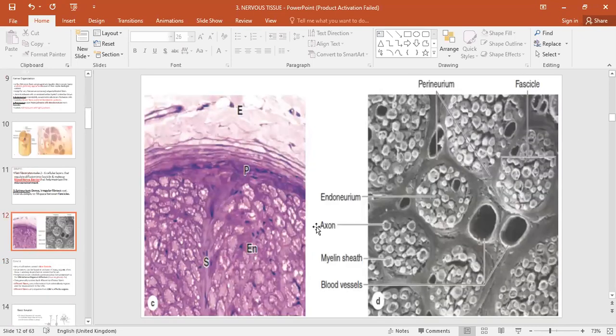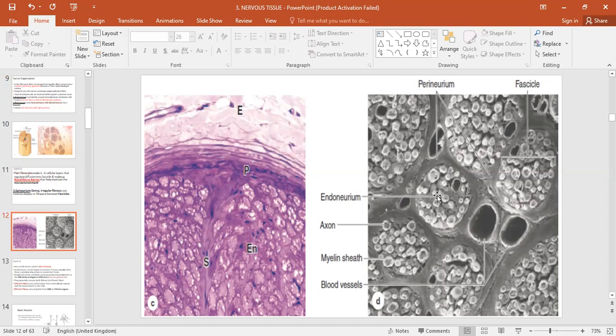This is the same structure shown here. Perineurium, meaning this is a fascicle. So this is a fascicle, that is a fascicle. Then each axon, like this is one, will be covered in endoneurium, which is labeled EN here. Then you find blood vessels that are bringing nutrients and gases to nerves.